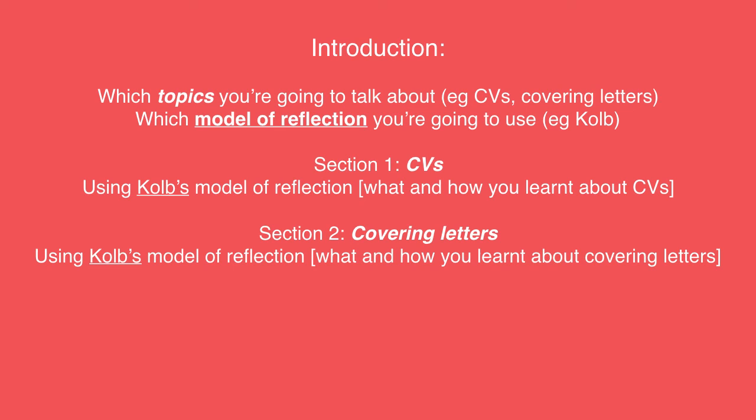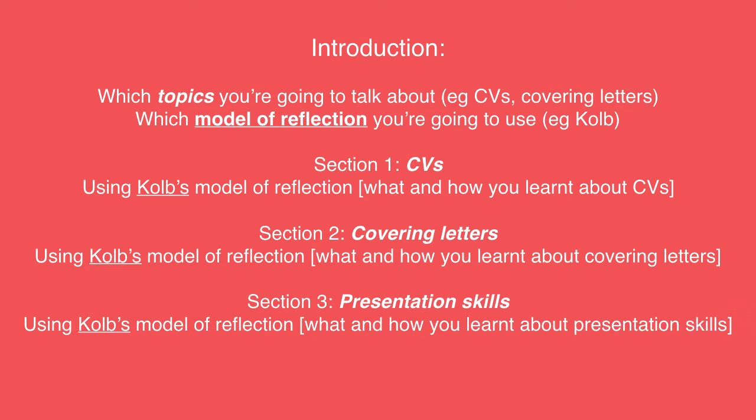It goes on exactly the same. Presentation skills, or whichever skill you want to use, so you can see how this is so pretty. This is so beautifully structured now. Very easy to follow. I'm going to be able to give you a high grade because of how nicely structured this assignment is.